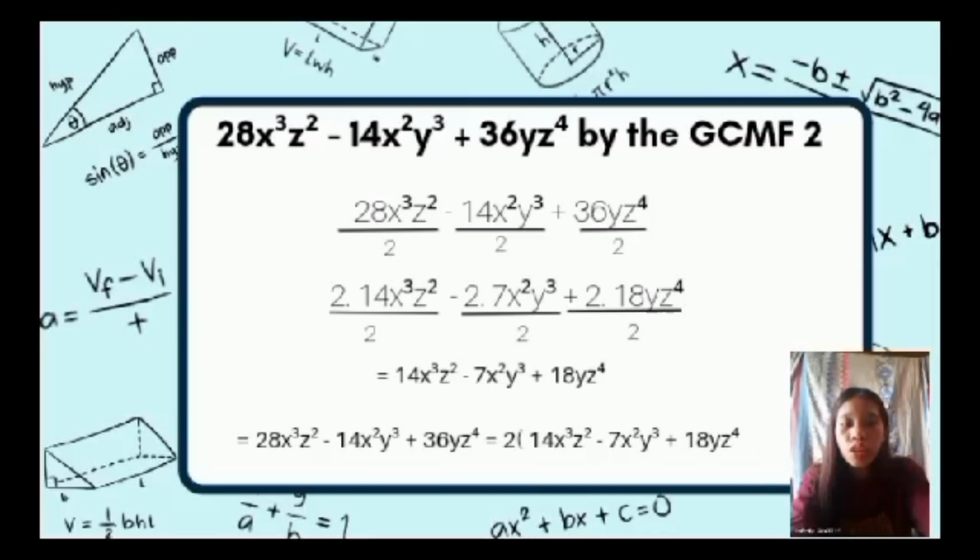The complete factorization of 28x cubed z squared minus 14x squared y cubed plus 36yz to the power of 4 is 2 times 14x cubed z squared minus 7x squared y cubed plus 18yz to the power of 4. So that's the answer to question number 4.